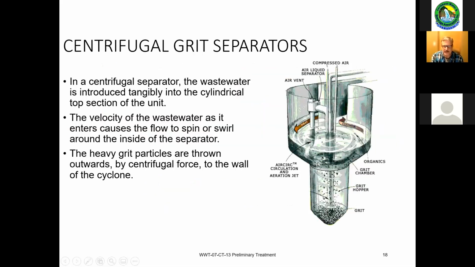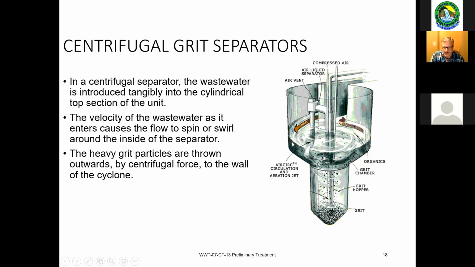Grit separators work on the same concept. It's changing the flow pattern that's coming in, allowing enough time for the grit to settle out. So in this type of system, the flow would be coming in, it would travel around the tank and then discharge through the other side of the channel.